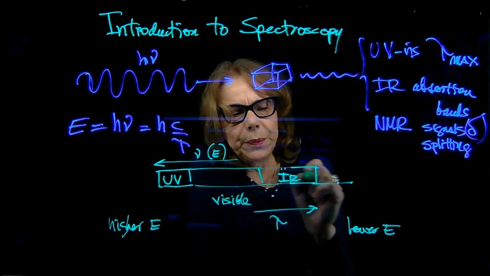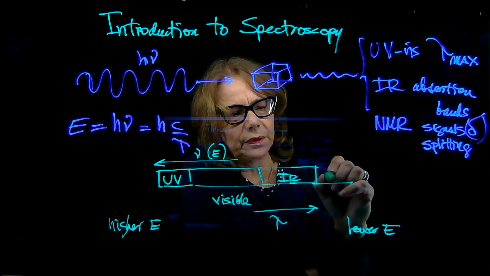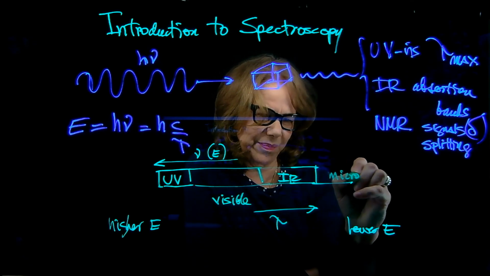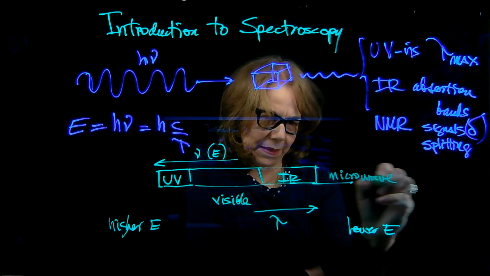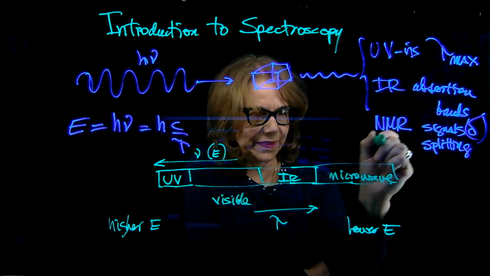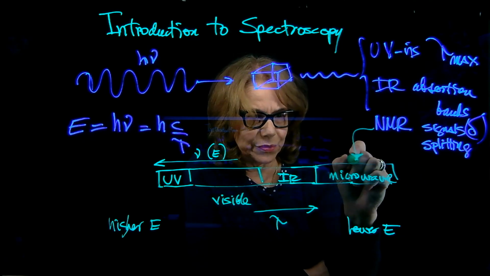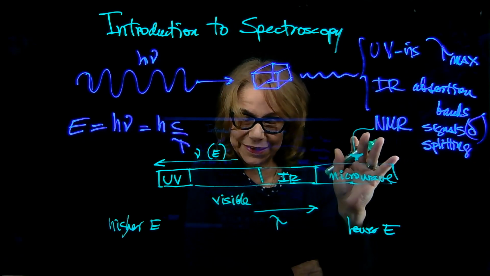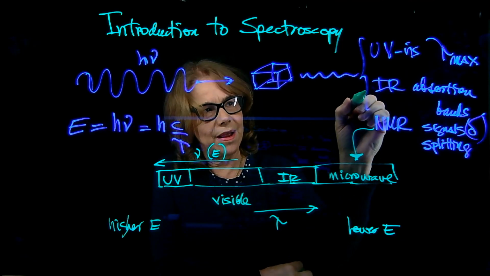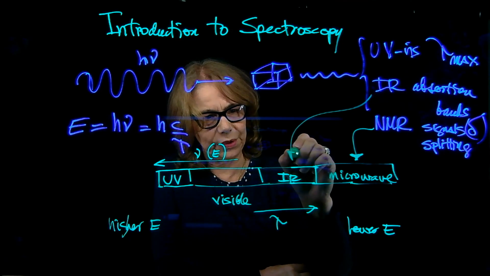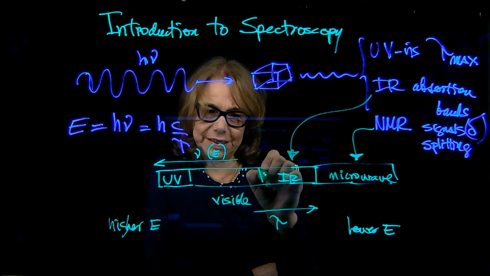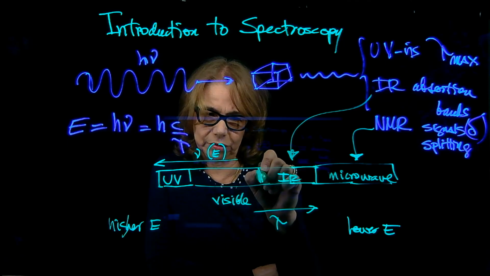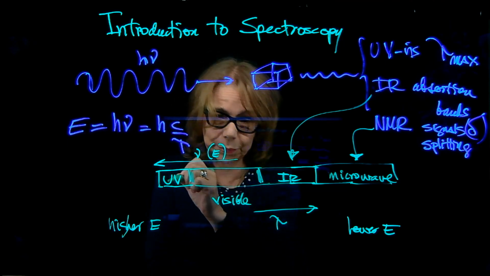Here we'll be working later on in the microwave region. That's where the NMR goes, and we're going to obtain a different type of information. Infrared will go here, and this is of course the red part of the visible, and here is the purple.